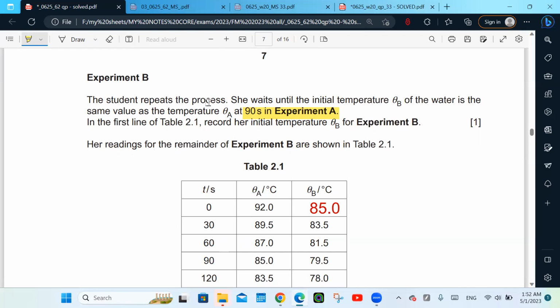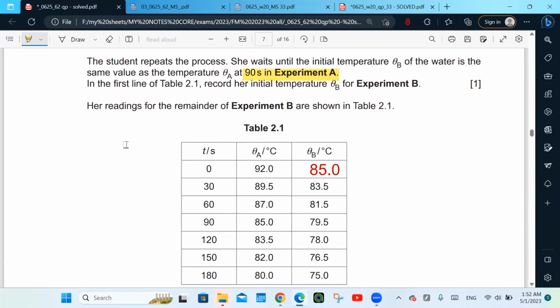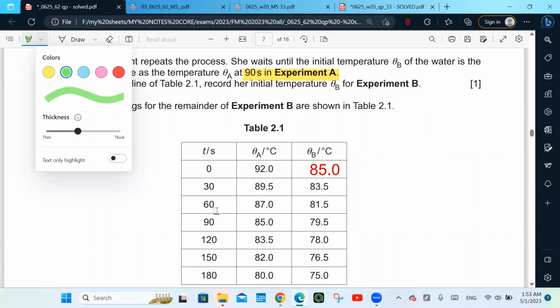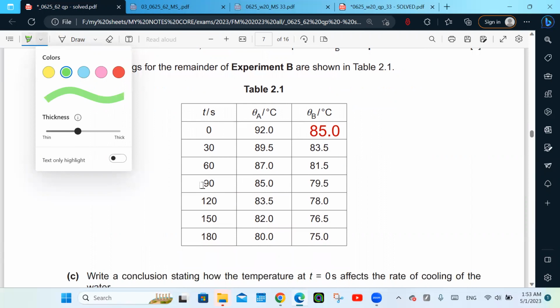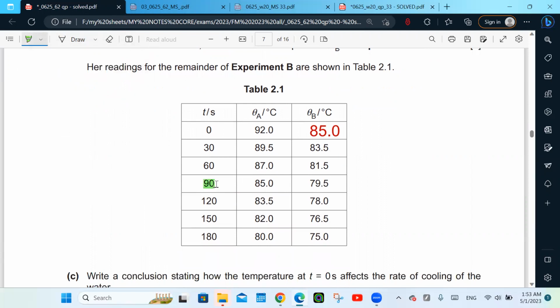So he repeated the experiment, but this time he waited until the temperature reached the same temperature as in experiment A after 90 seconds. So we will take a look at the table, at 90 seconds.